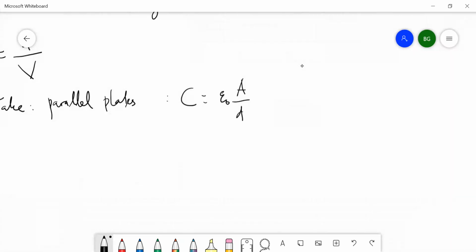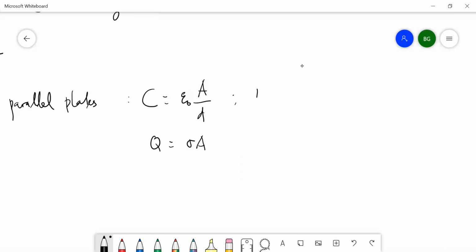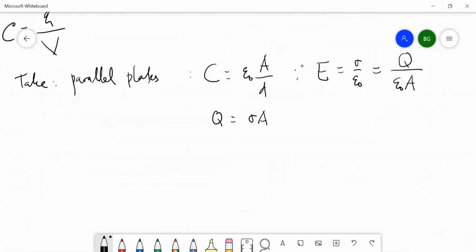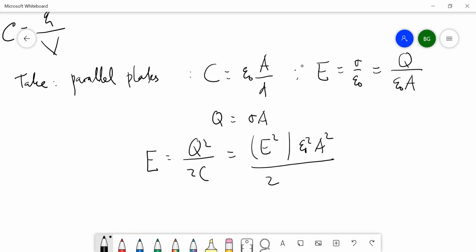Okay, so in parallel plates, Q equals sigma times A, and the electric field is sigma over epsilon 0, so this should be Q over epsilon 0 A. If we replace this in Q squared over 2C, we get E squared times epsilon 0 squared A squared over 2 epsilon 0 A over d.